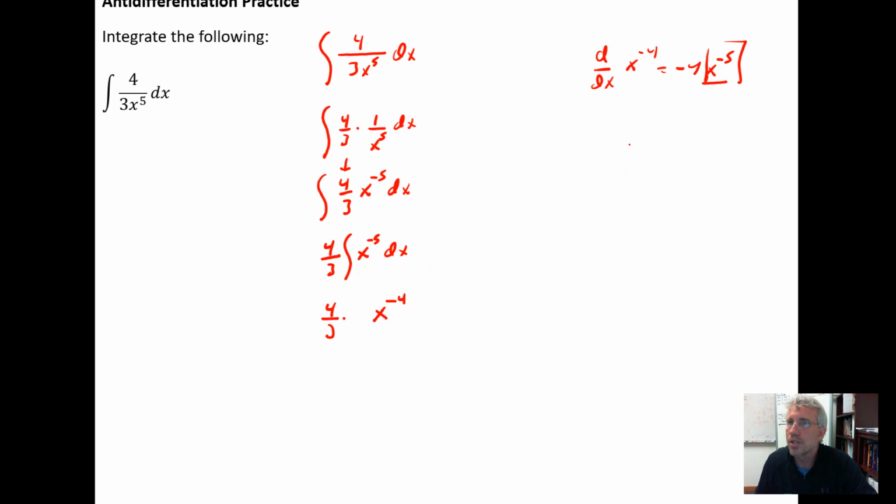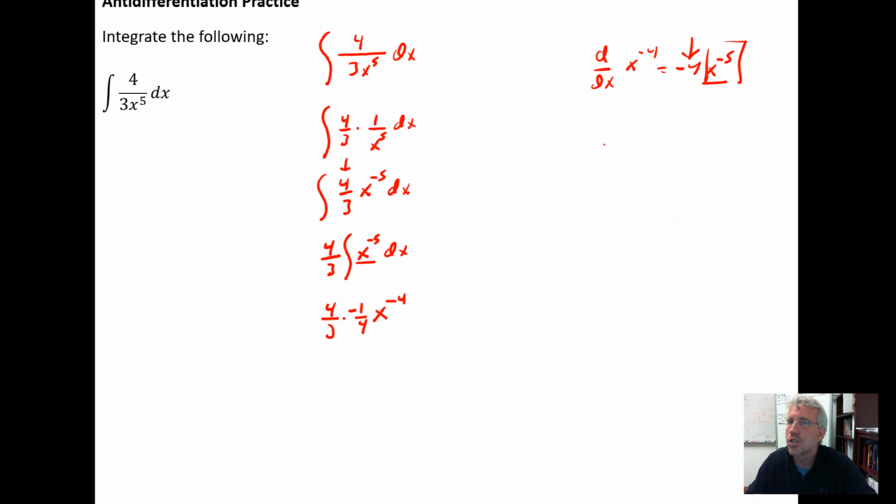You don't get x to the negative fifth. Your check on work is to differentiate. So x to the negative fourth, when we take the derivative, we get negative 4x to the negative fifth. So this part's correct, but we've got to make a tweak or an adjustment right here to get rid of this negative 4 when we differentiate. The tweak is going to be to multiply by the reciprocal of negative 4, which is just negative 1/4.